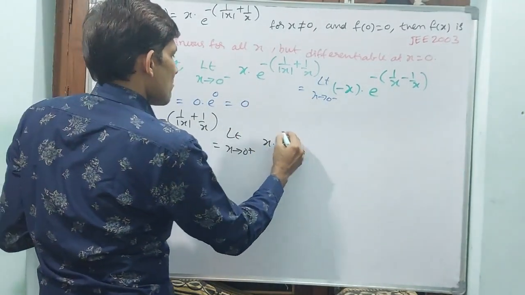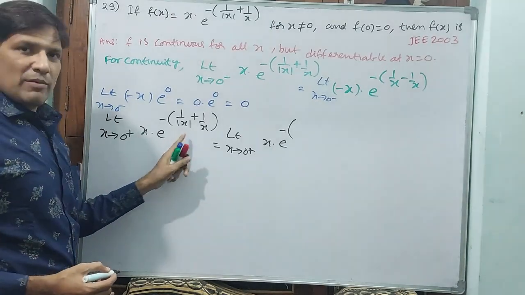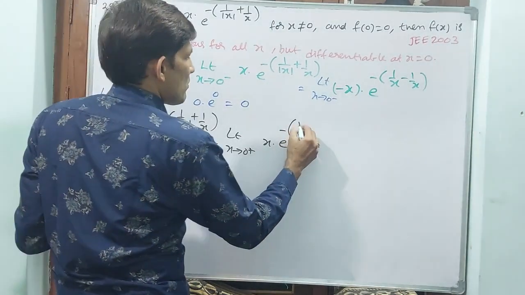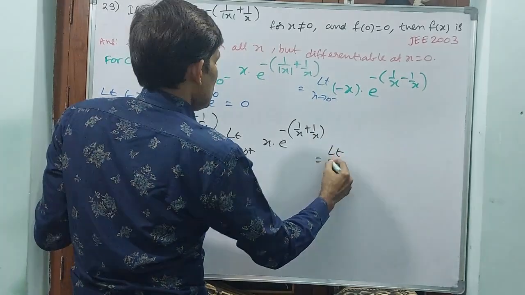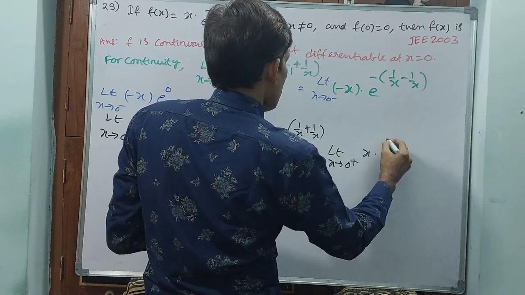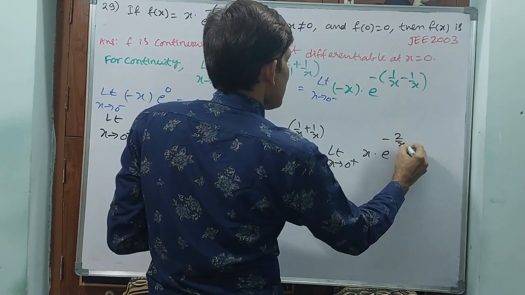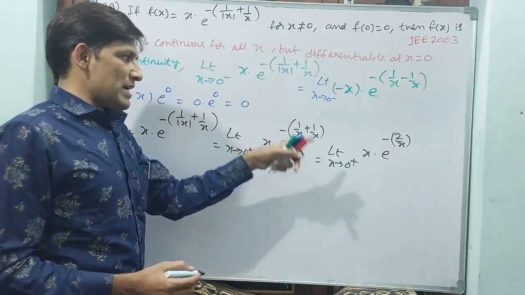And e power minus of, you see, positive x means both are going to become 1 by x only. 1 by x plus 1 by x. That is equal to limit x tends to 0 plus of x e^(-2/x). Why? Because the LCM is x, 1 plus 1, 2 by x.